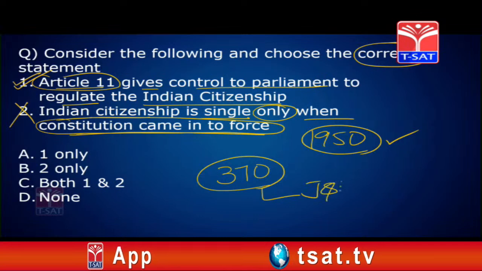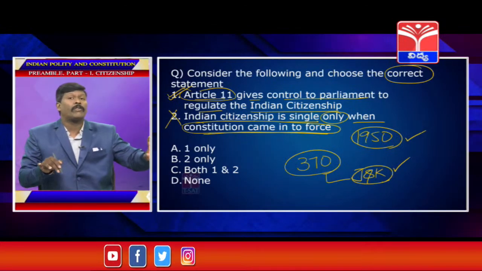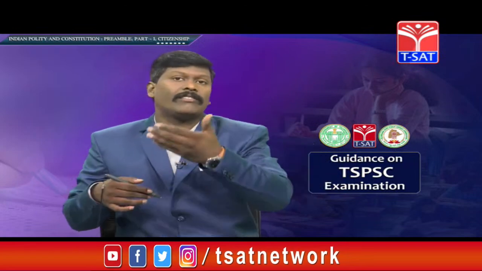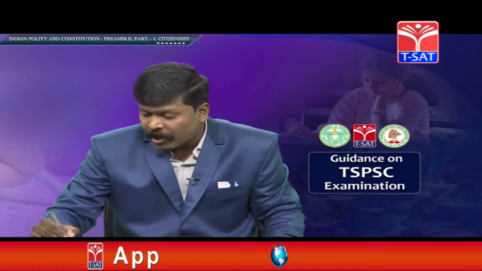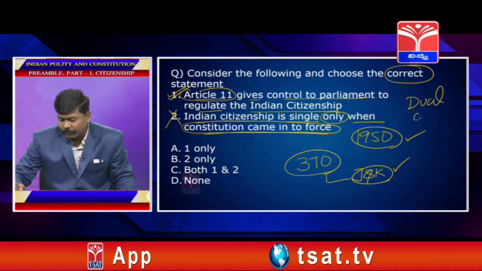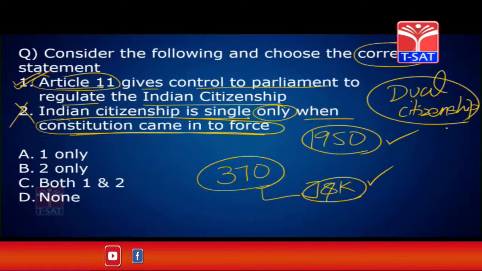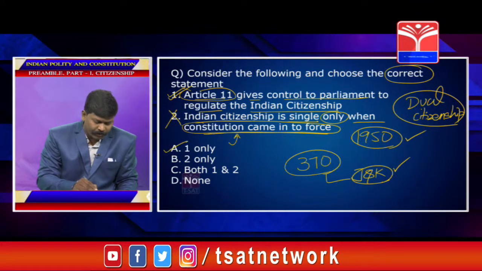Jammu and Kashmir has its own constitution as well as Indian citizenship. According to Jammu and Kashmir's own constitution, they can give their own citizenship and there is Indian citizenship also. Meaning, in the state of Jammu and Kashmir, there is dual citizenship. So, in 1950, entirely in India, there is no single citizenship. So, this is wrong. Answer is A.